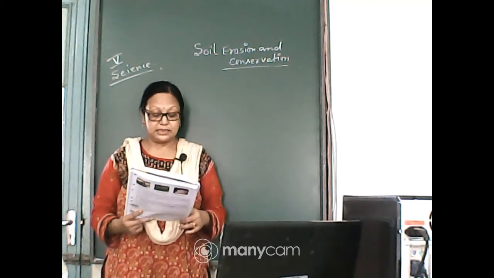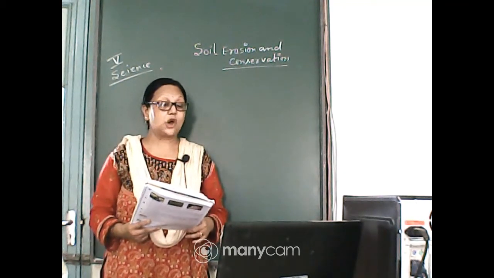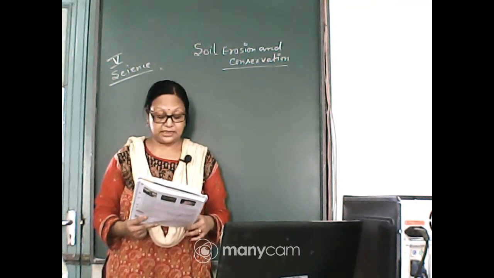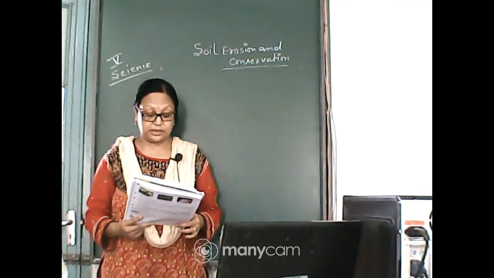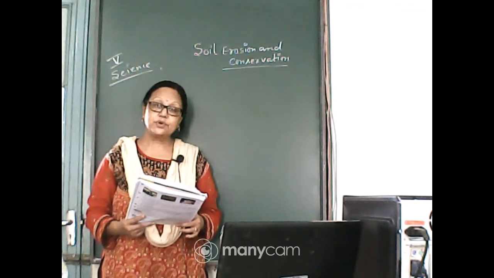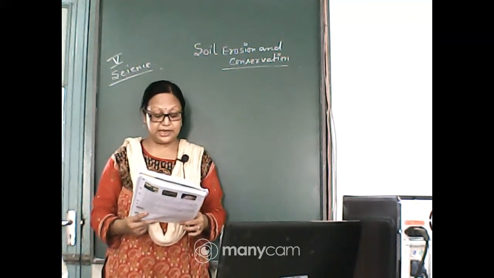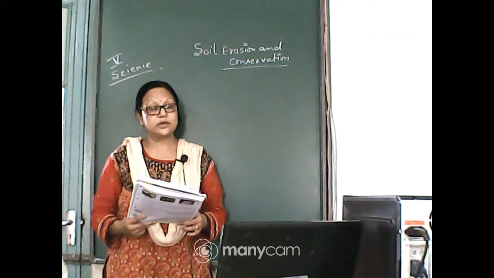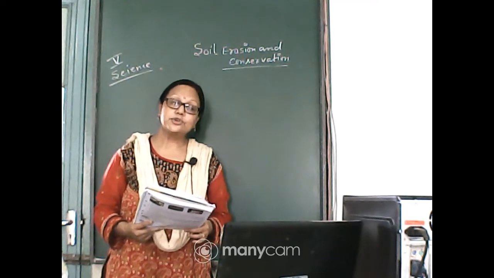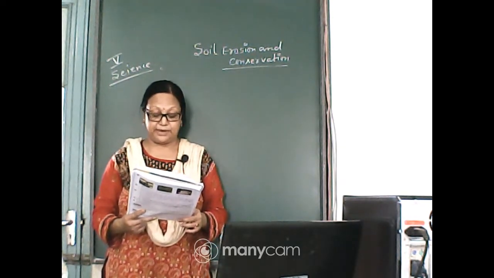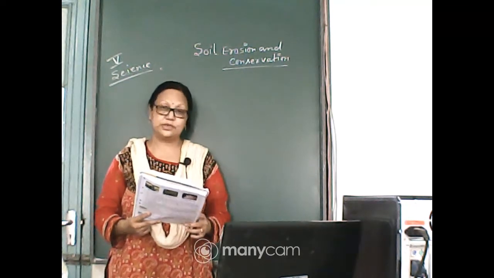Next, step farming reduces soil erosion, so it is true. Third, flowing water erodes soil on the river bank, so it is true. Next, protection against soil erosion is called soil conservation, so it is true. The last one: growing plants help to prevent soil erosion, it is true.